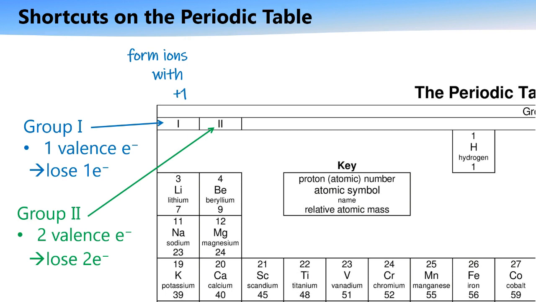And since they lose 2 electrons, elements in group 2 will form ions with +2 charge. So write this at the top of your periodic table. These notes at the side, you may write them if you want to know more details, but for now, the top part is the more important one.